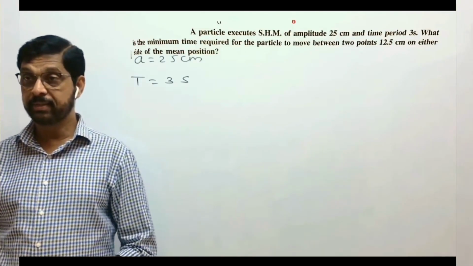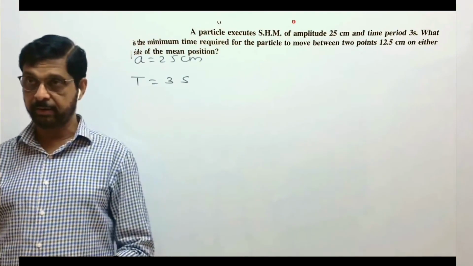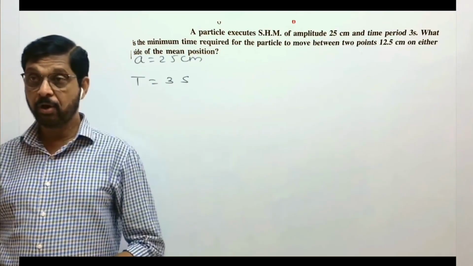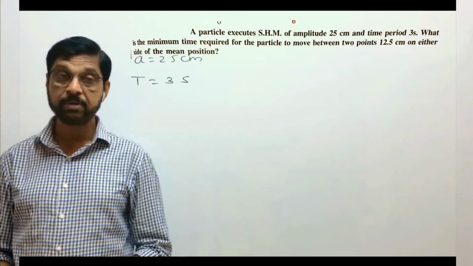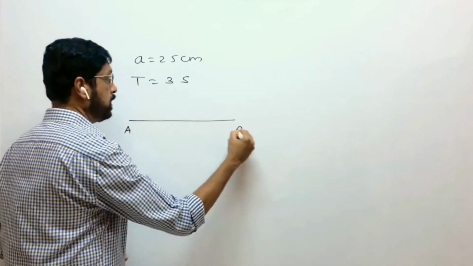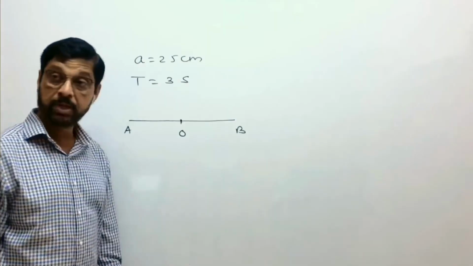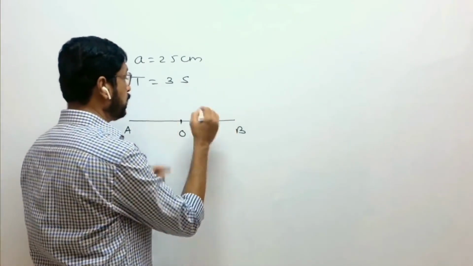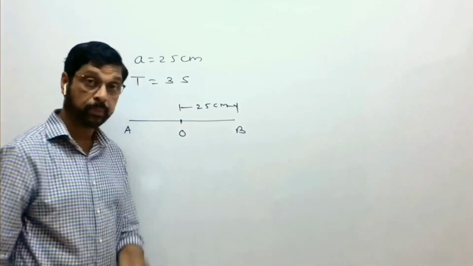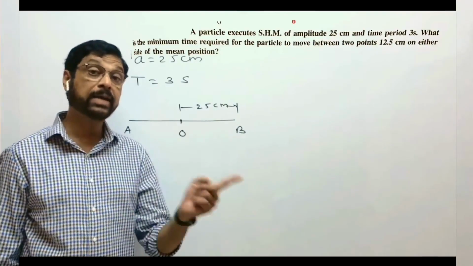What further it says, what is the minimum time required for the particle to move from 2 points 12.5 centimeter on either side of the mean position? A and B are extreme positions. O is suppose mean position. The amplitude is 25 centimeter. The time taken to move 12.5 centimeter on either side.